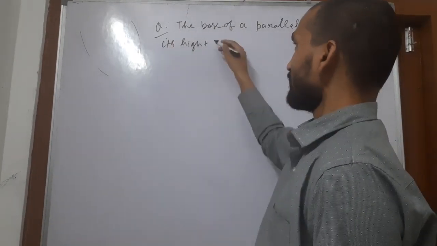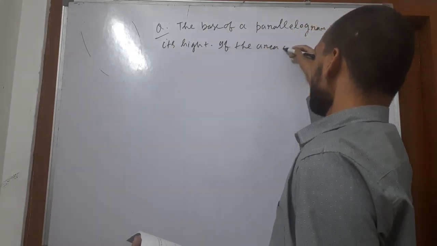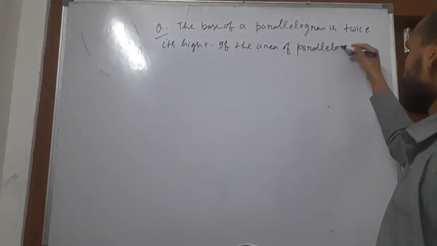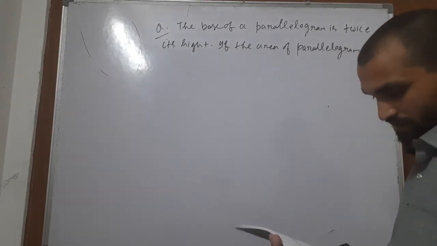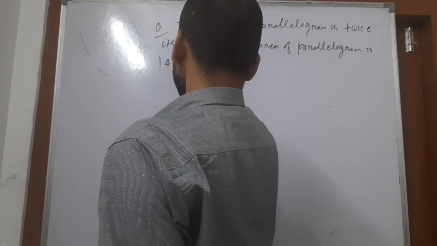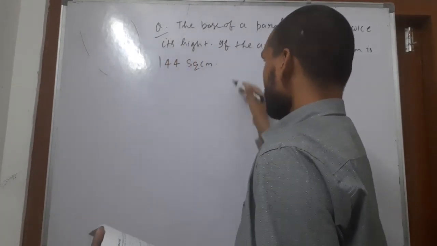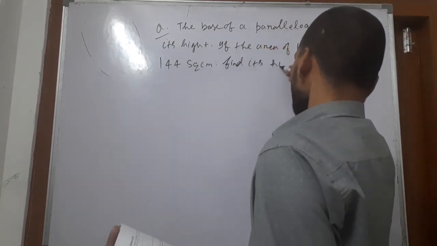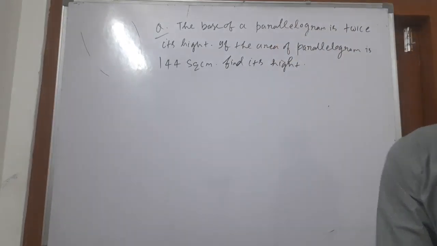If the area of the parallelogram is 144 square centimeter, find its height.